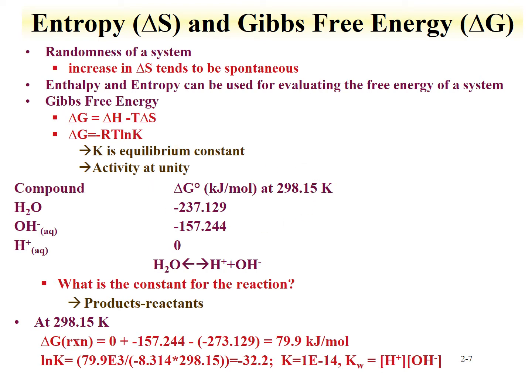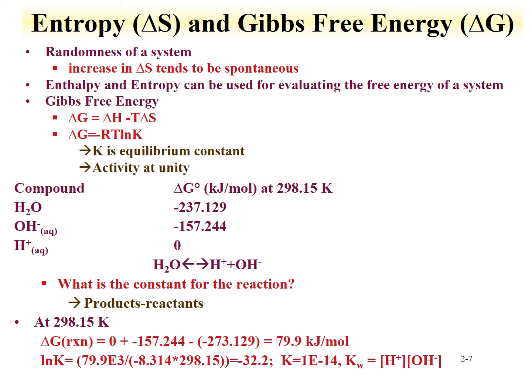As an example, here is a very simple reaction, the dissociation of water. What is the constant for the reaction? Well, if one calculates the Gibbs free energy, minus RT log K can be used to determine K, the equilibrium constant. So at 298.15 K, the Gibbs free energy of the reaction is listed here. This data is taken from databases.